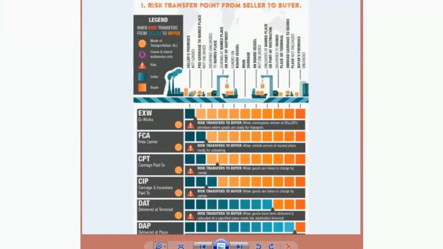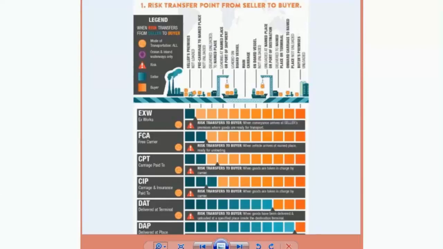Okay, perfect. So first, I was telling you that we are going to see the risk transfer and the cost. So here we have an example of the activities that we have in a commercial trade. So first there is seller premises, then we have the pre-carriage to named place with the delivery. We have loading at the named place.